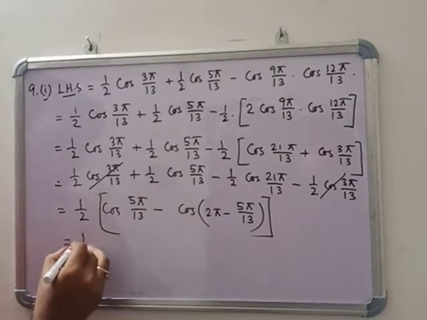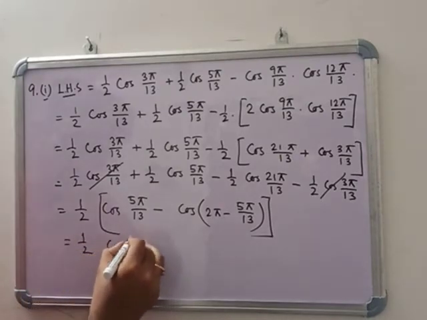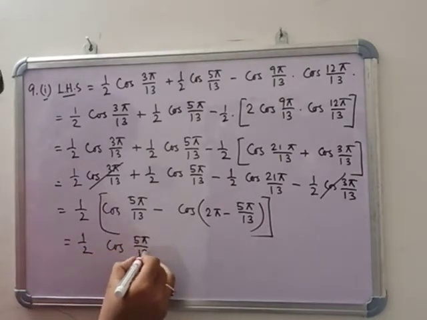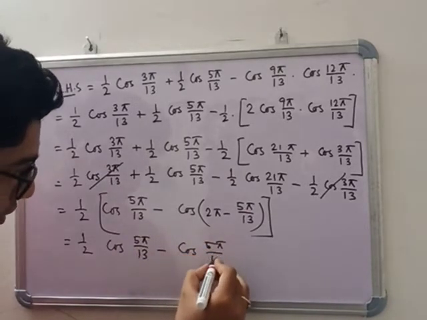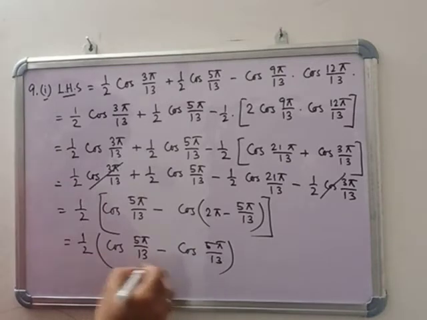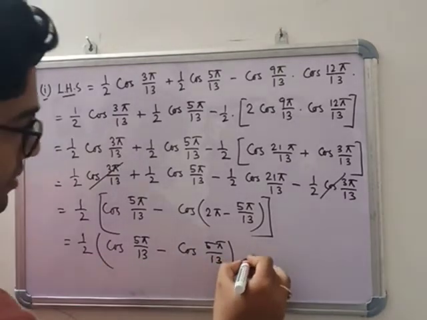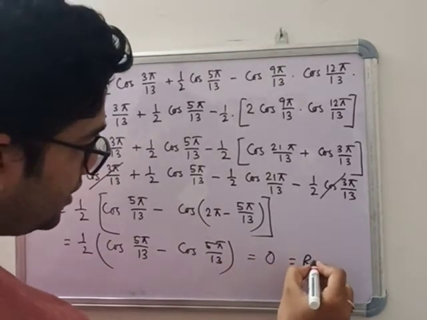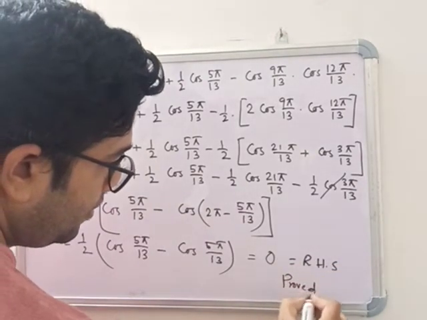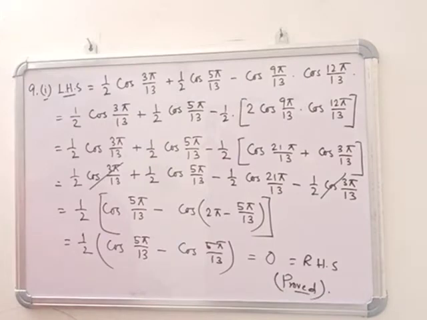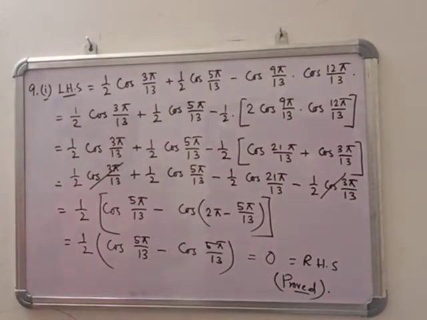So that means 1 by 2 cos 5 pi by 13 minus cos 5 pi by 13. So this is 0, which is given as RHS. Proved. Note down all of it.